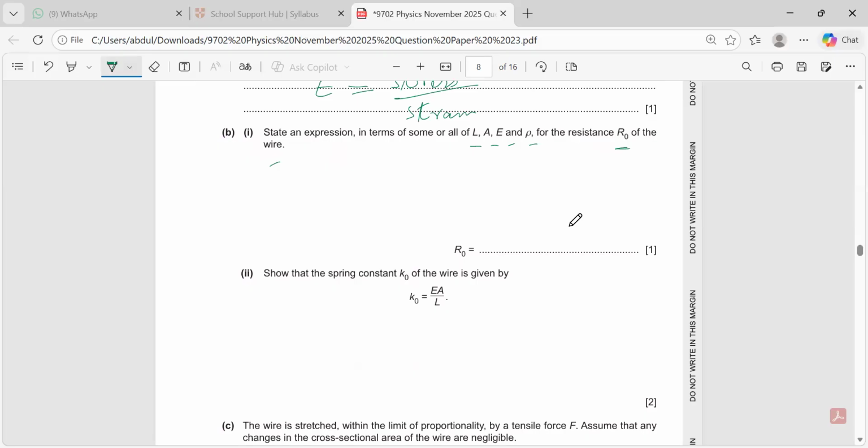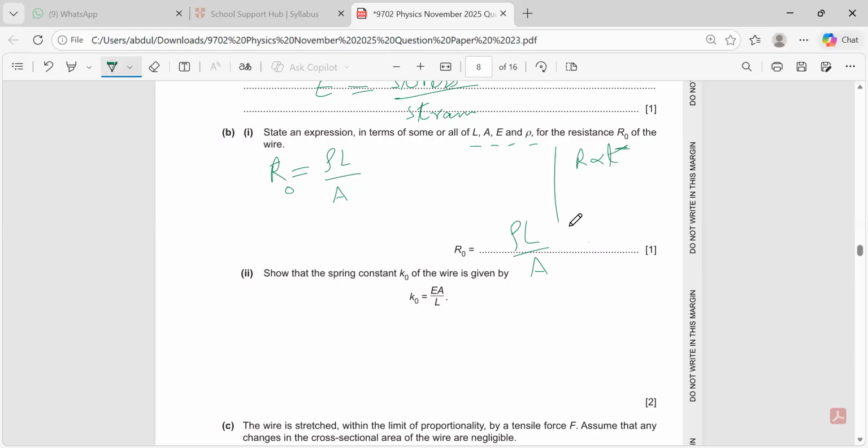Now you know, we have studied this. R is equal to rho L over A. Instead of R, they are saying R naught. So here we can write R naught. So simply R naught is equal to rho L over A. Straightforward. Nothing special. And if you are not remembering this right now, you know resistance is directly proportional to length.